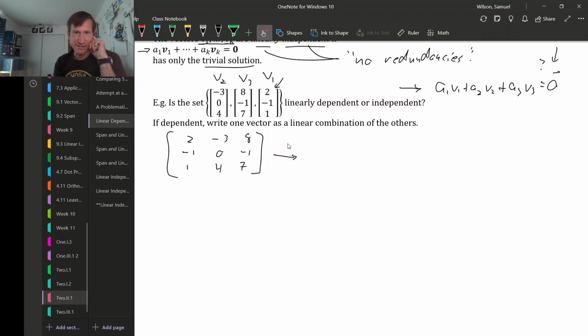Maybe the easiest thing to do would be to switch row 3 and row 1. So 1, 4, 7, 2, minus 1, 0, minus 1, and 2, minus 3, 8. And then let's add row 2 and row 1, and take row 3 and subtract twice row 1.